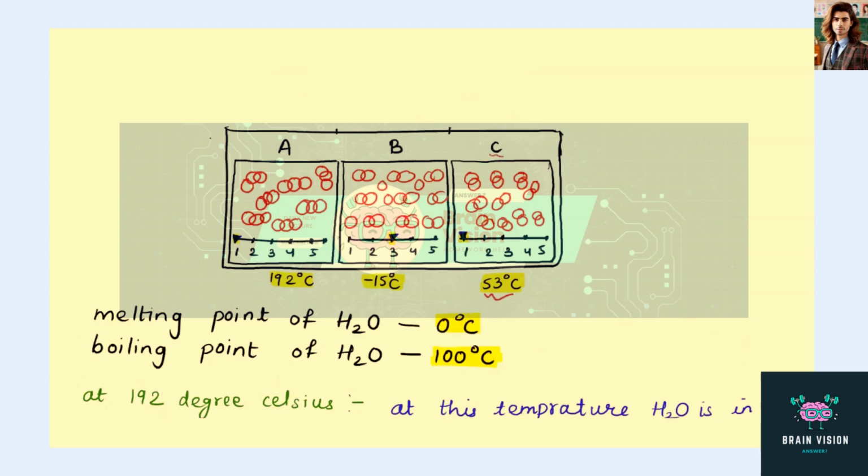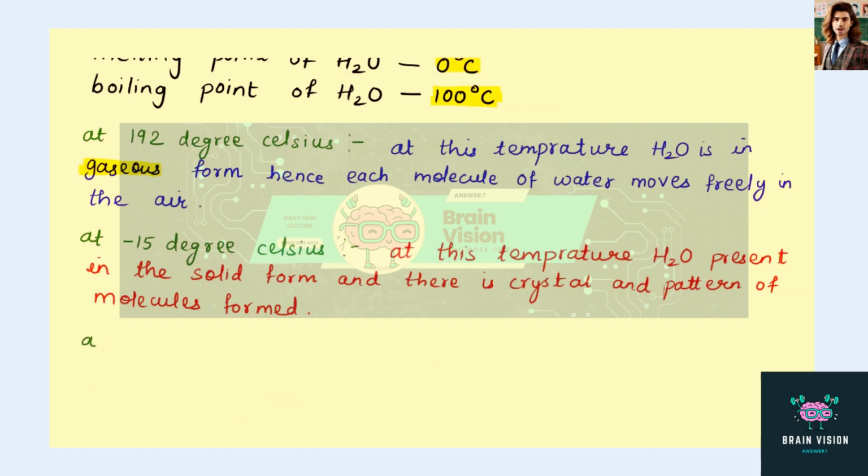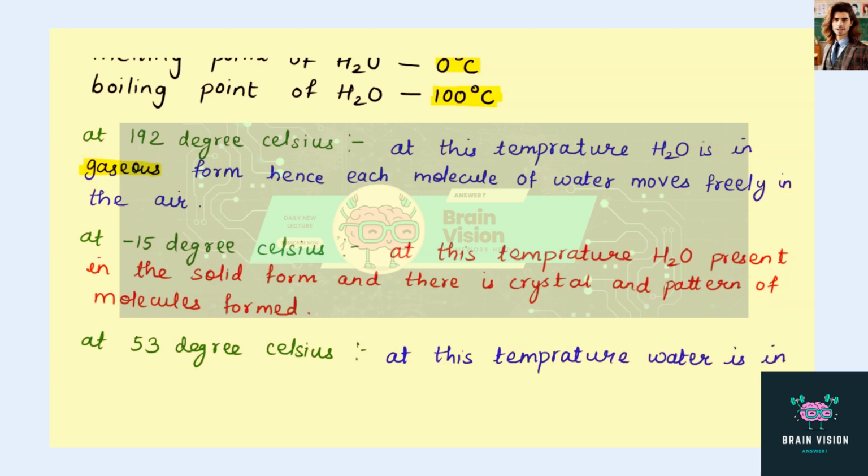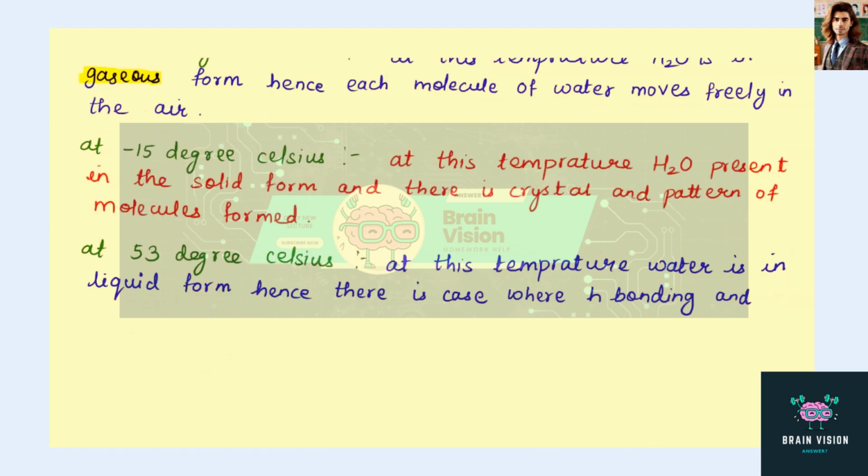Now let's see what happens at C when the temperature is at 53 degrees Celsius. So we can say that at this temperature, water is in liquid form, hence there is a case where the H bonding and a little intermolecular attraction can be seen.